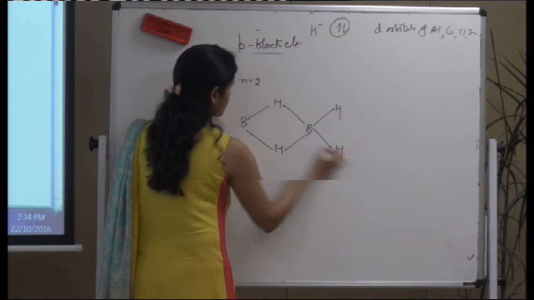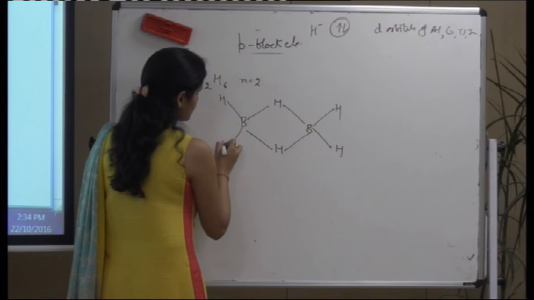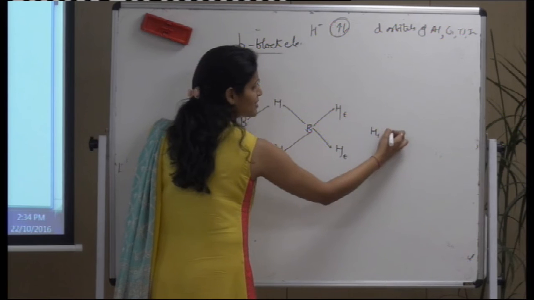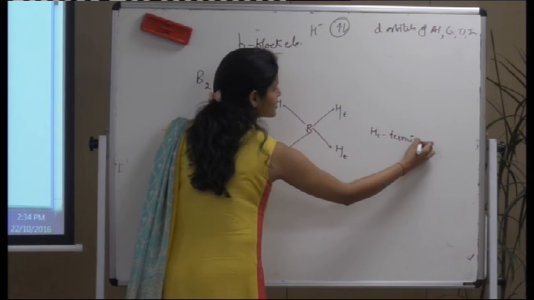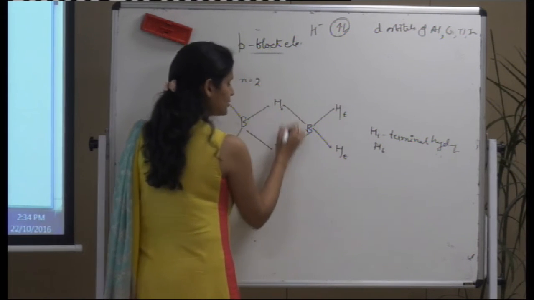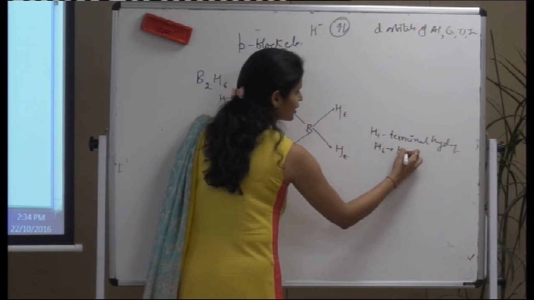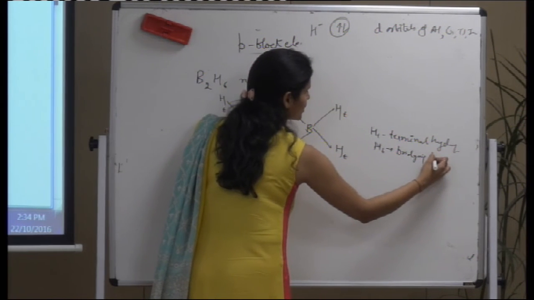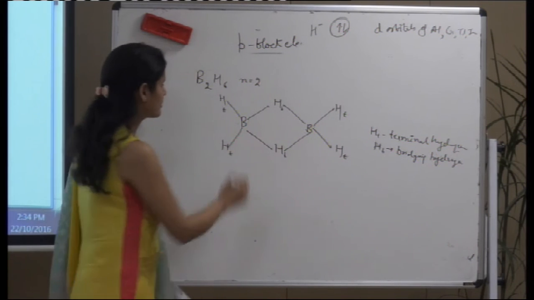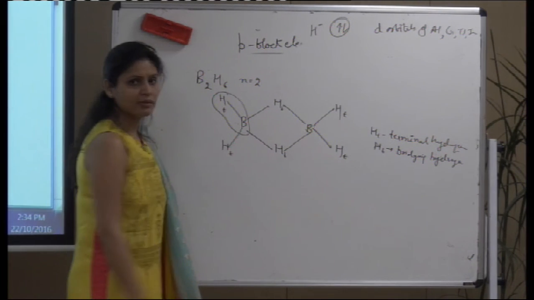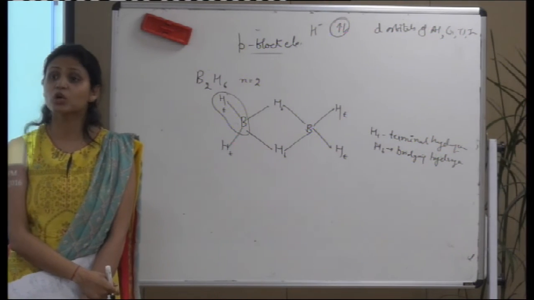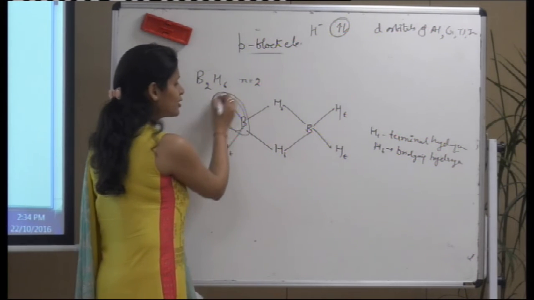HT means terminal hydrogens, which are at the corners, and HB means bridging hydrogens, right? Is this a pure ionic bond or covalent bond? Boron always forms covalent compounds.